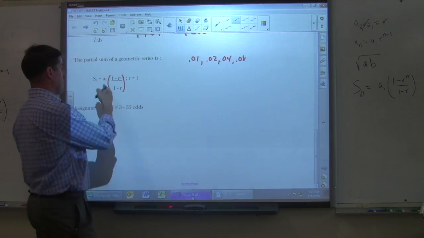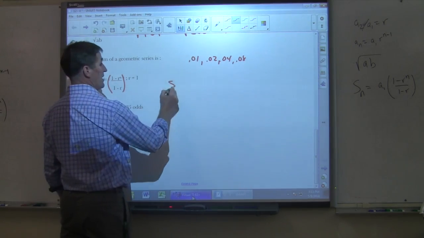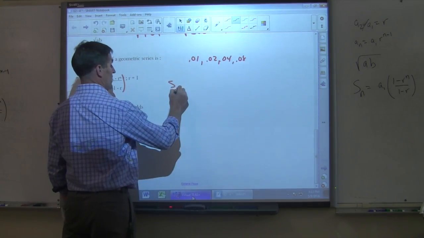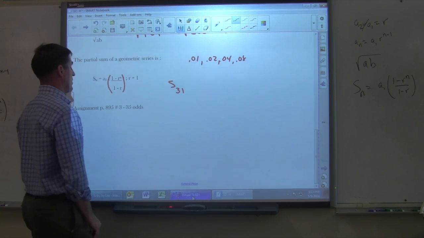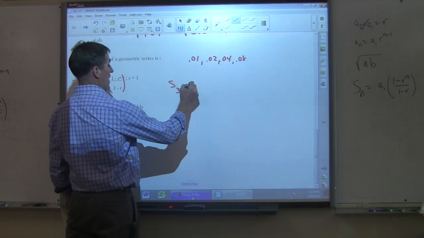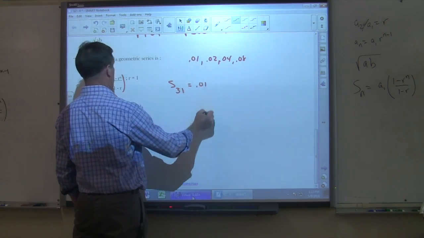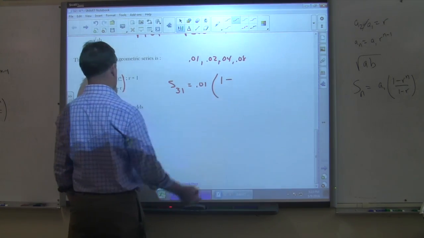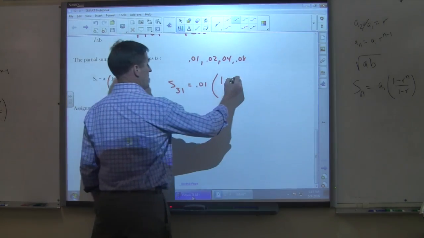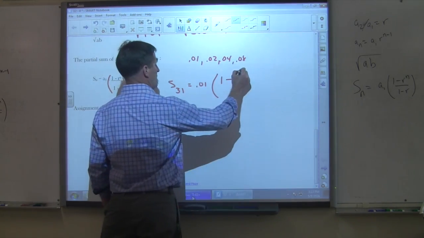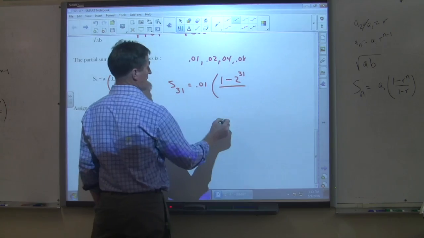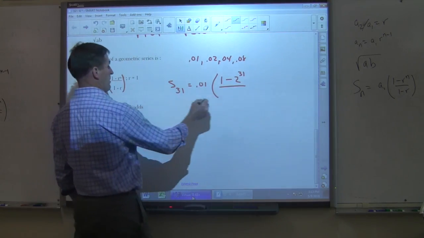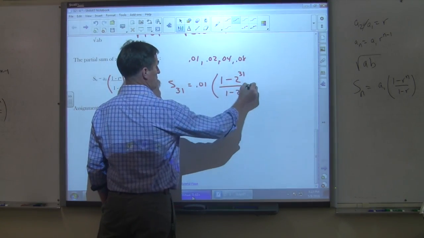Doesn't seem like much, but if I plug it into the formula, October has 31 days. So S of 31 is 0.01 times 1 minus, our r is 2 in this case, our n is 31 days, and then divided by 1 minus 2.